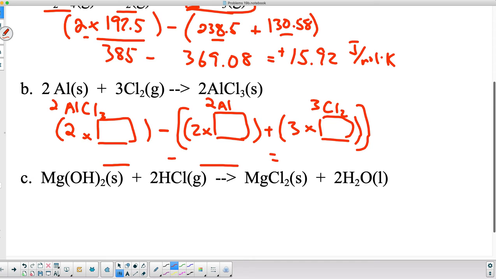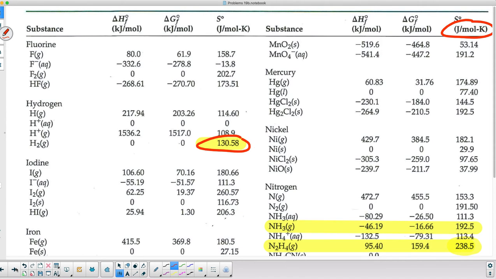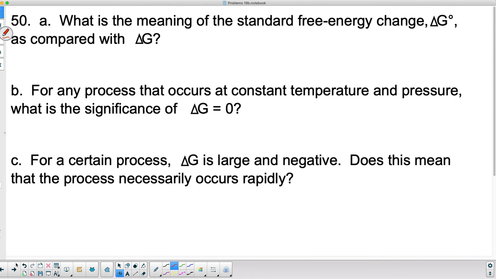Okay, let's take a look at 50. It says, what's the meaning of the standard free energy change as compared with, so what's the difference between the delta G standard and the delta G without the standard? Okay, so the one without the standard means for any temperature. Now, as it turns out, there's a term that is negative T delta S, and this T, of course, means temperature.